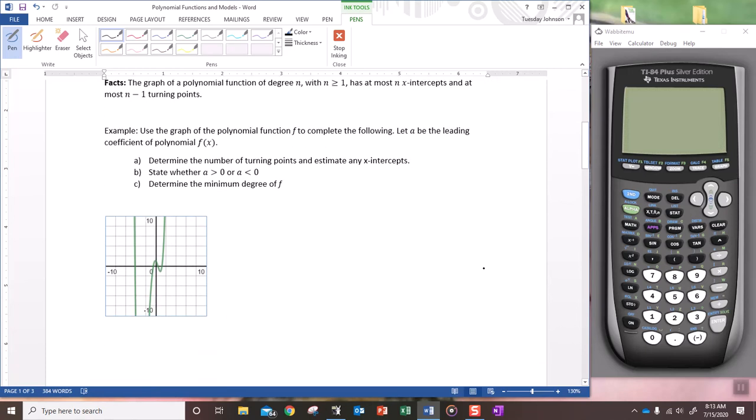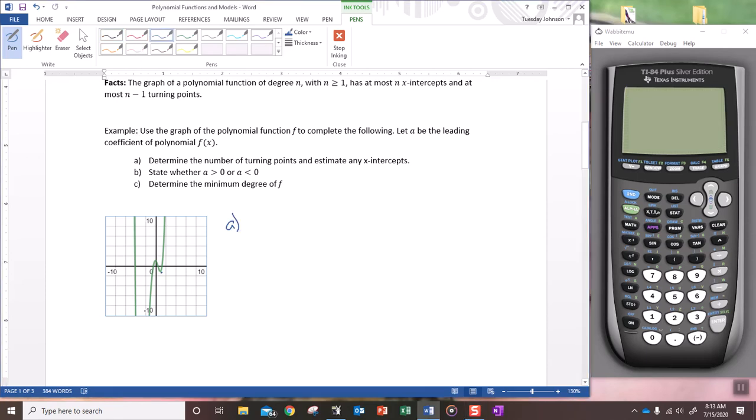Let's do some examples. Use the graph of the polynomial function f to complete the following. We're going to let a be the leading coefficient of the polynomial. All right. So although I did not get the minimum in the screen, it obliterated the other parts that we needed to see. I would say, let's get our pen ready here.